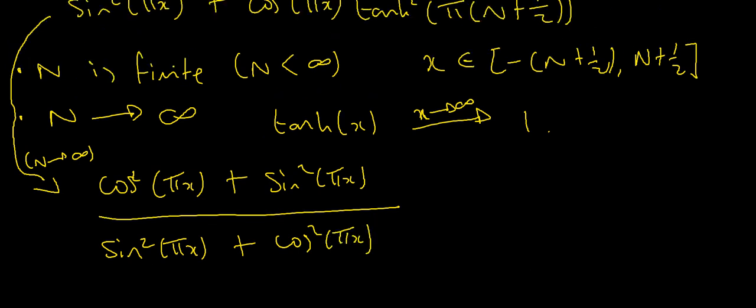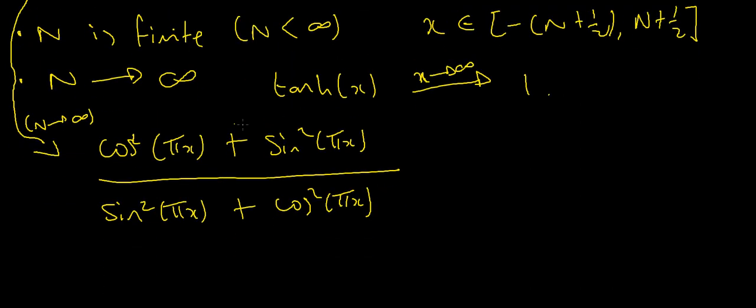Let me just check that that's right. That's correct. And what is this? Well, I've got cos squared plus sine squared over sine squared plus cosine squared. This is 1 and this is 1, so that's 1 divided by 1, which is just 1. So this whole thing goes to 1 as n goes to infinity. So it's certainly bounded for all values of x in this case.